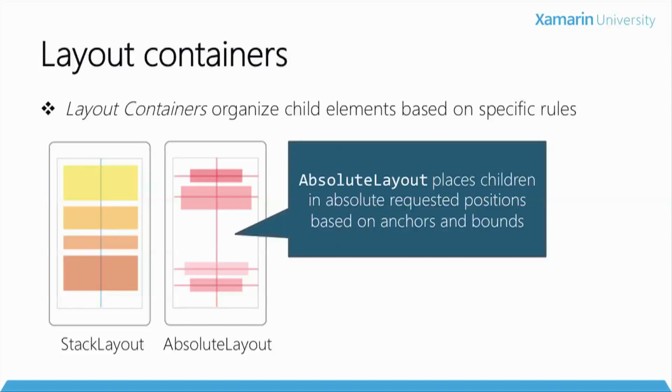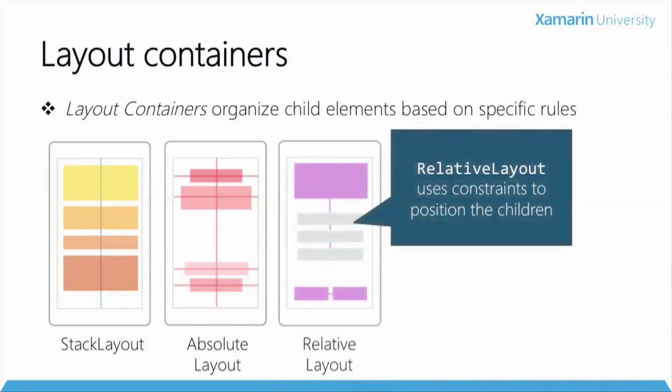With proportional coordinates, your screen goes from 0 to 1 in width and 0 to 1 for the height. That means if you say, I want my button to be at position 0.5, 0.5, it will be in the middle of the screen, no matter what your screen resolution is. If you want it top left, it will be 0, 0. If you want it bottom right, it will be 1, 1. So you can position the child elements absolutely, but you don't necessarily have to know the real coordinates. And this is certainly a nice feature.